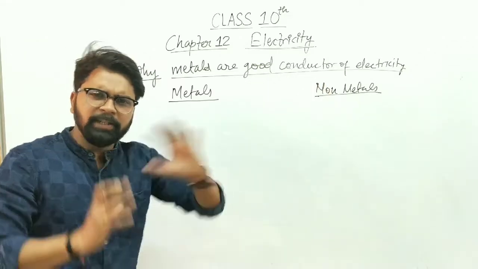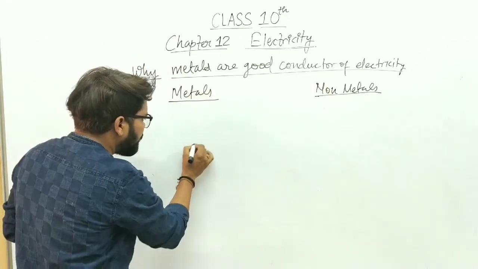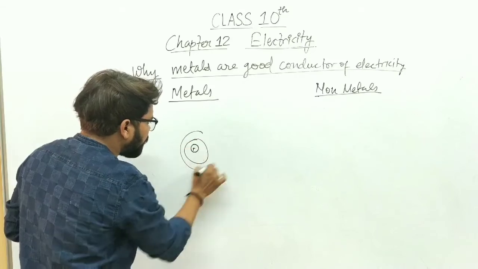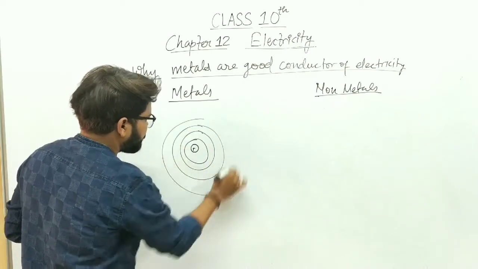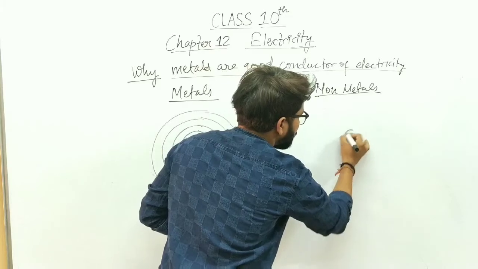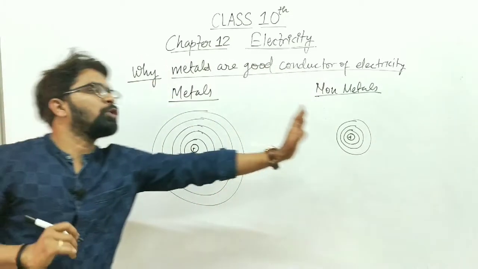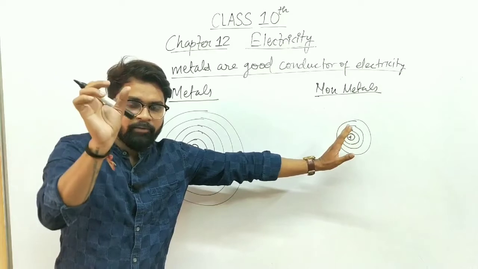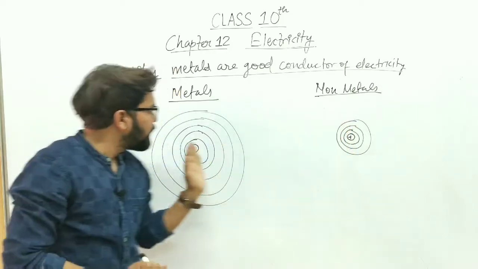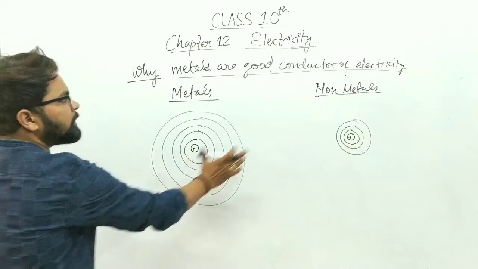It is a basic thing. If I am talking about metals, the configuration is like this, and non-metals are smaller in size compared to metals. So this size is large and this size is small.